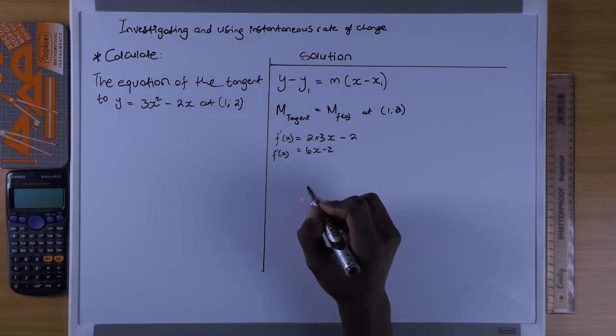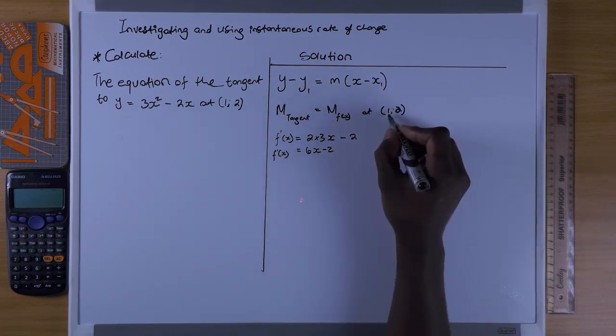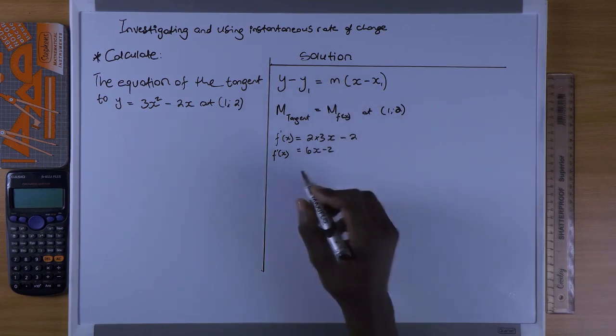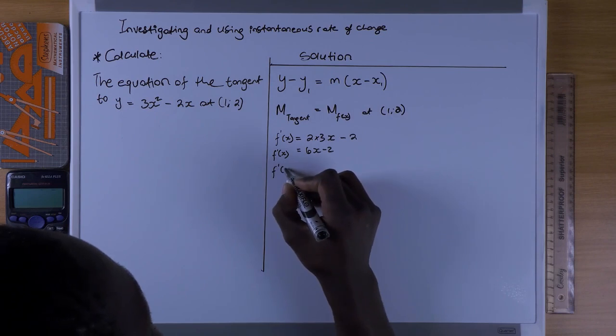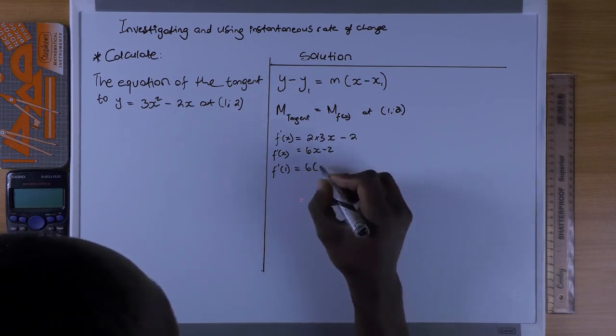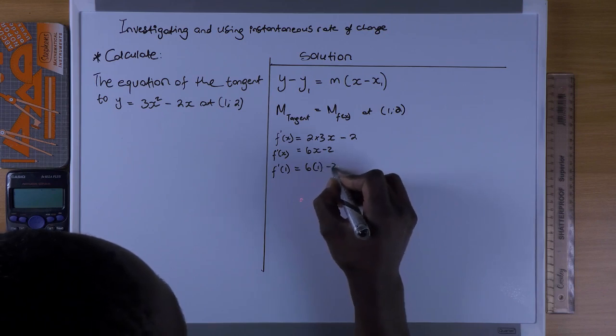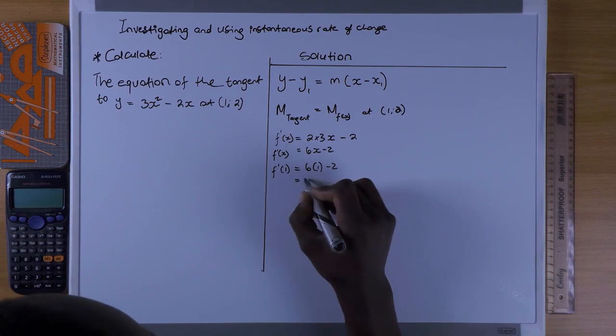Now, it is very important that we understand the following. We want to find the gradient at x equals 1, because that's where these two functions meet. So let's do that. Six times 1 is 6, minus 2 is 4.